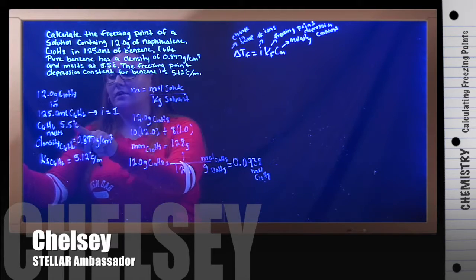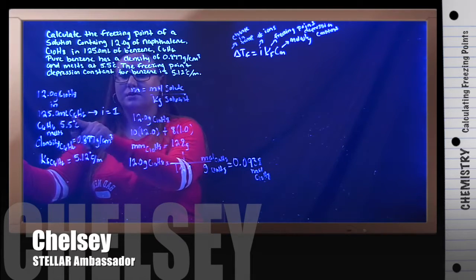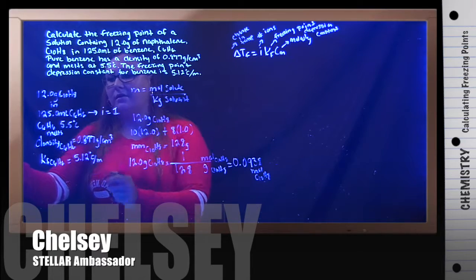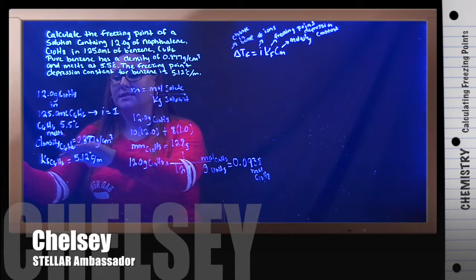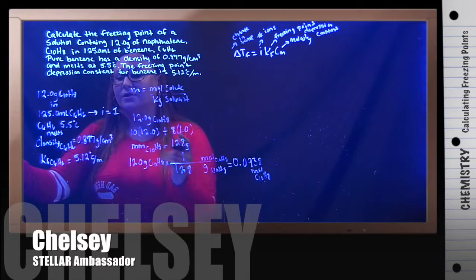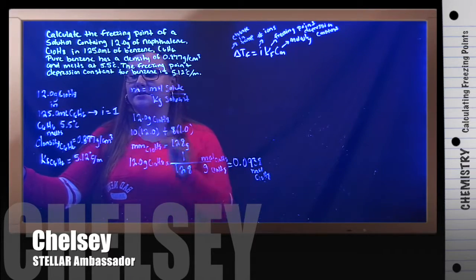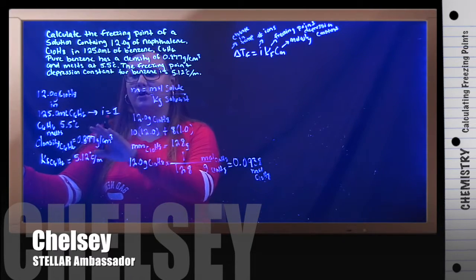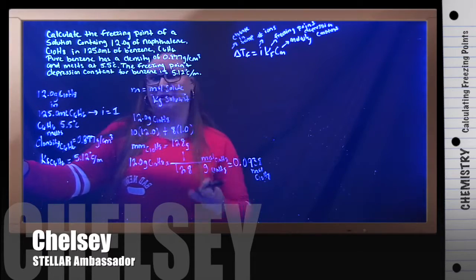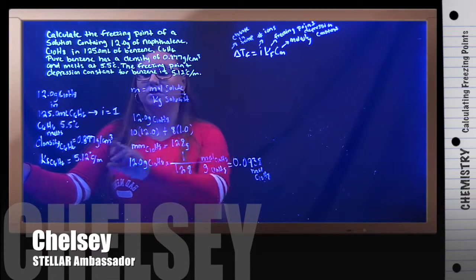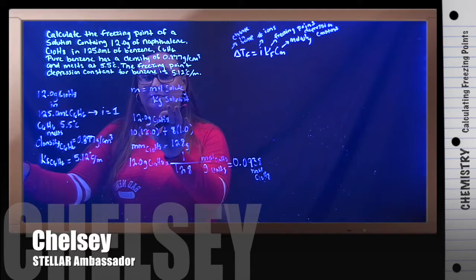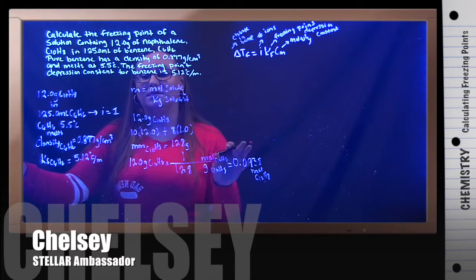Yes, they gave us our solvent, which is benzene, but they gave it to us in volume. Anytime they give you a volume, you can use the density to convert that into a mass. So now we're going to use our density of benzene and our volume of benzene in order to get the mass of benzene. But now remember, we don't just want grams, we want kilograms of solvent. So we're going to have to do one more step at the end and convert our grams to kilograms.